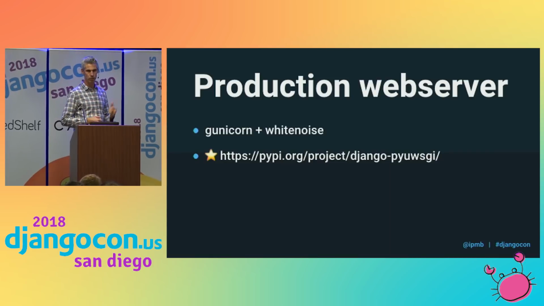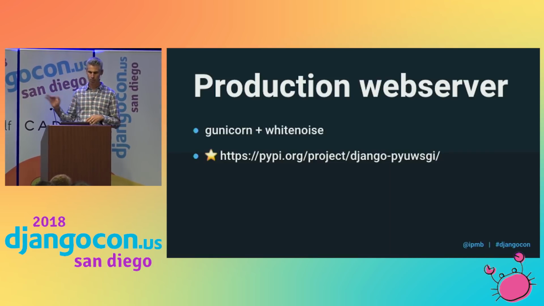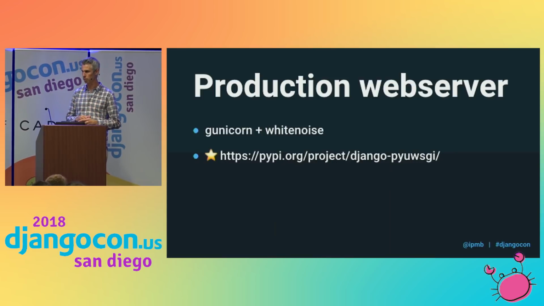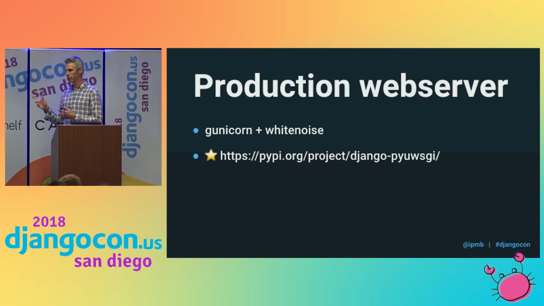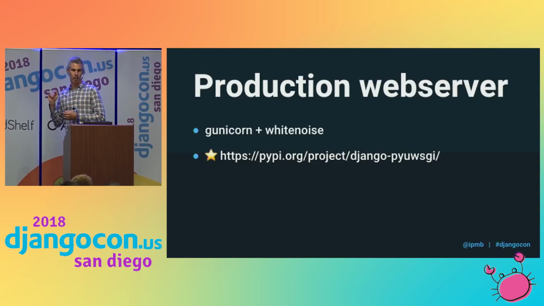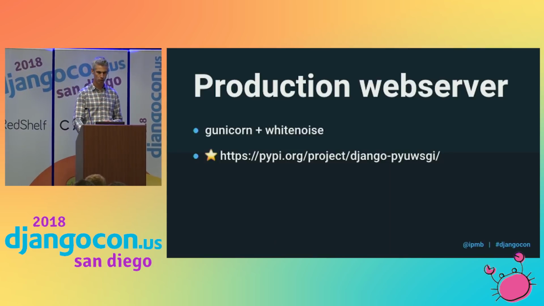This includes that management command I was talking about. So you can run manage.py pyuwsgi, and you get a kind of production web server right out of the box. PyUWSGI is also distributed on PyPI as a wheel, so you don't have to worry about compiling it or anything like that. You just download it and it works.